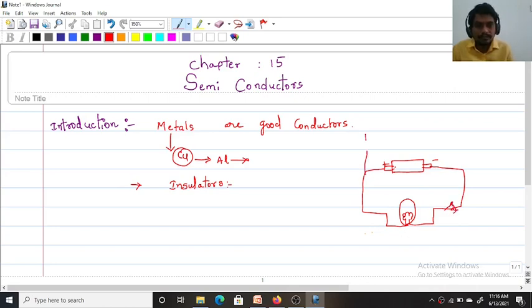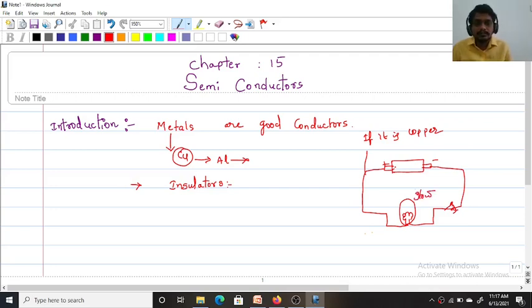If it is made of copper or any metal, we know that metals are good conductors. They allow the electricity to pass through them, so when you switch on the key, immediately the bulb will glow.